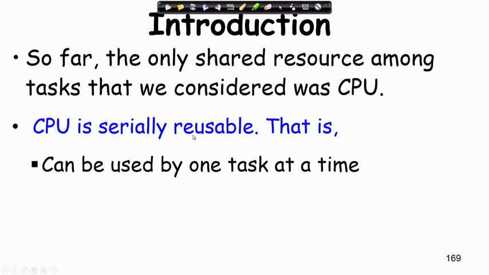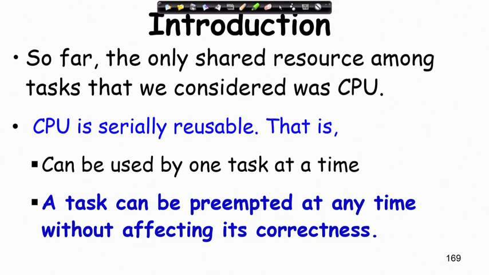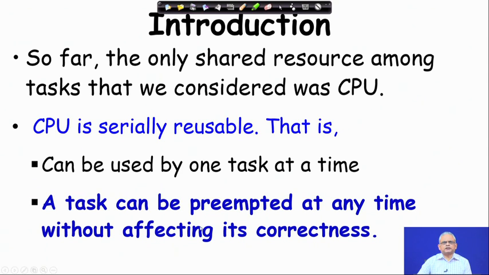What we mean by a serially reusable resource is that at any time one task can run on the CPU, but at the same time we must remember that the simplifying thing is that a task which is running on the CPU can be preempted at any time without affecting the correctness of the result of the task.